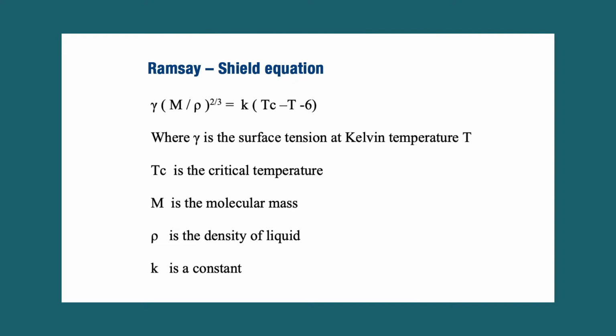The effect of temperature on surface tension of a liquid is given by the Ramsay-Shields equation. This equation is given as gamma into (M by rho) all raised to 2 by 3 equals k into (Tc minus T minus 6), where gamma is the surface tension at Kelvin temperature T, Tc is the critical temperature, M is the molecular mass, rho is the density of the liquid, and k is a constant.